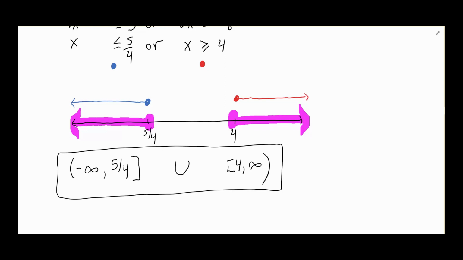If your final answer has two disjoint intervals, you need the union sign between them. We will never, ever have an intersect symbol in a final answer. So please be aware of that, because an intersection is a problem that we can find an answer to. We're always going from the graph, from the number line, to interval notation.